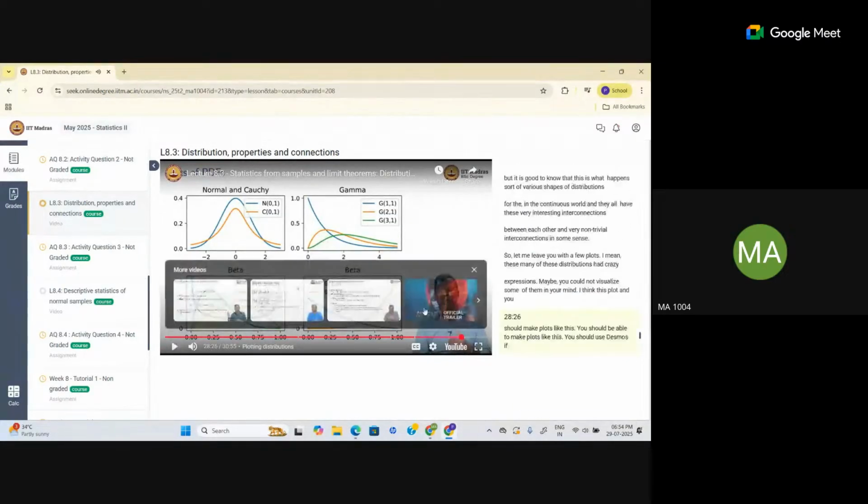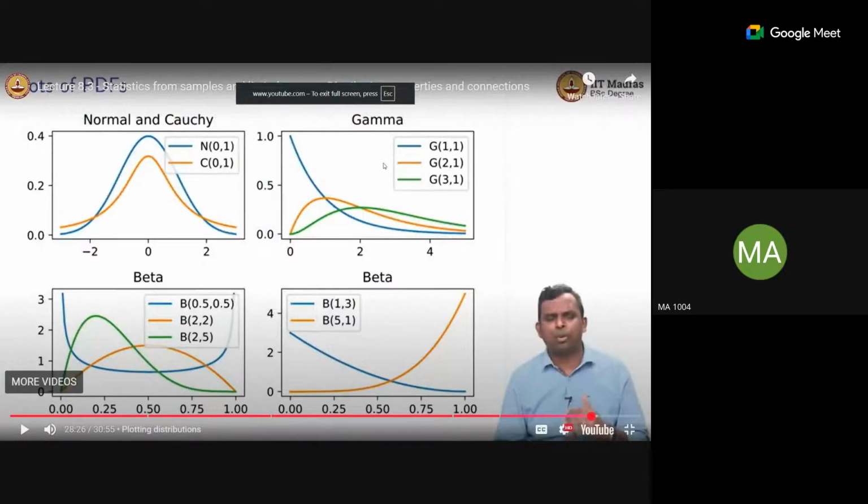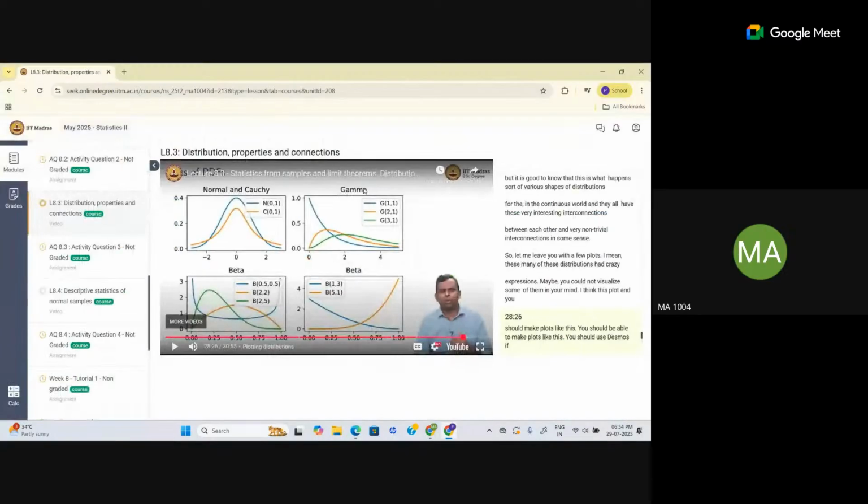If you look at this lecture, you can see how the graph looks for different distributions. So we have to remember these, but don't worry about these kinds of questions. They will not be asked in the exam.